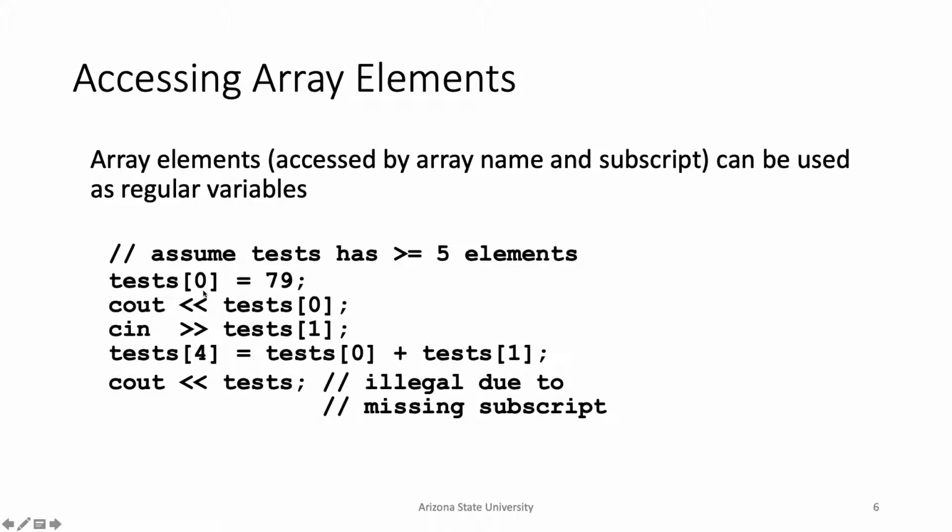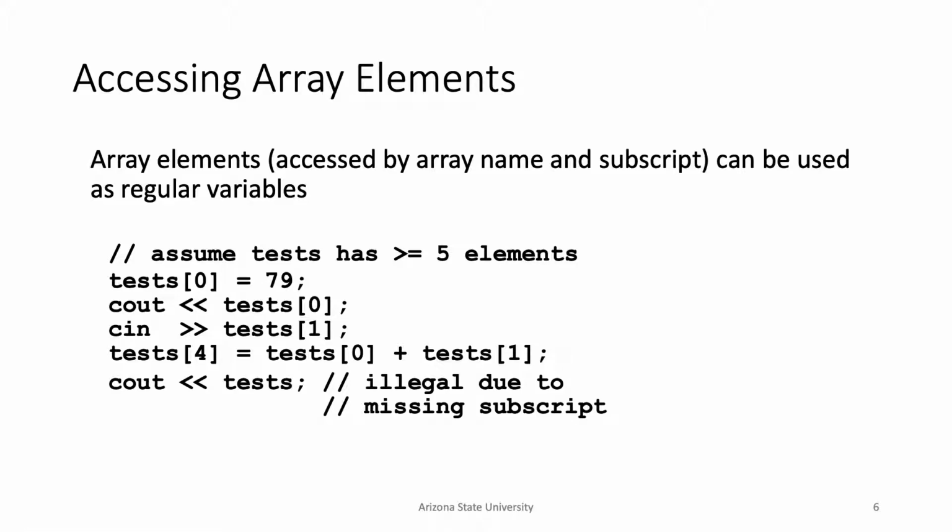So where is that in the array? Is that at the beginning, at the end, or what? The 0th index. It's the very first element of the array. And so now we're setting 79 to be at that particular index. So yeah, you're just setting the particular index of the array.